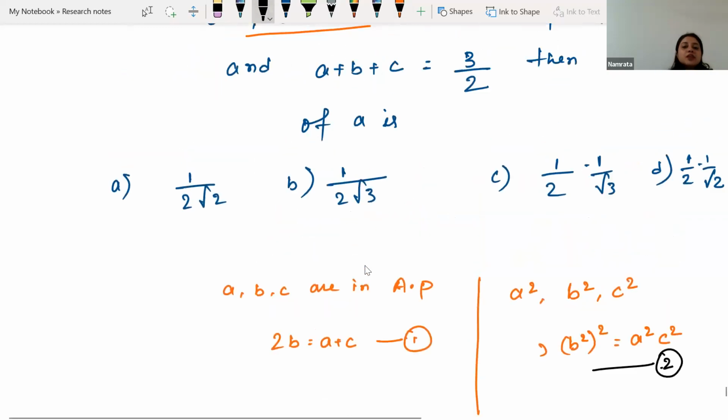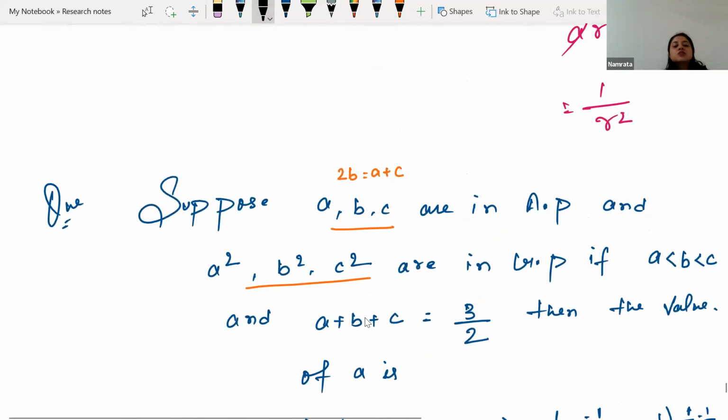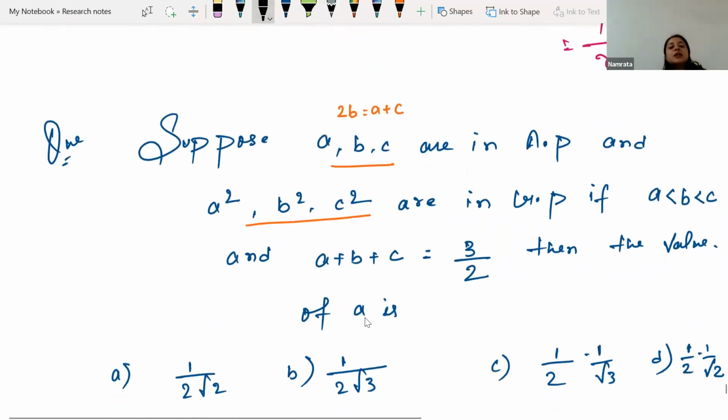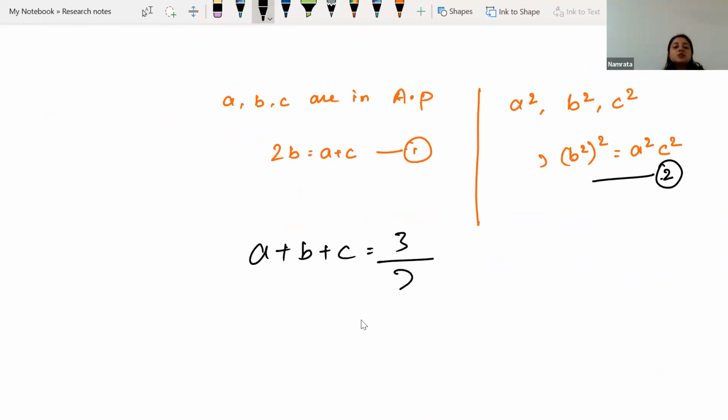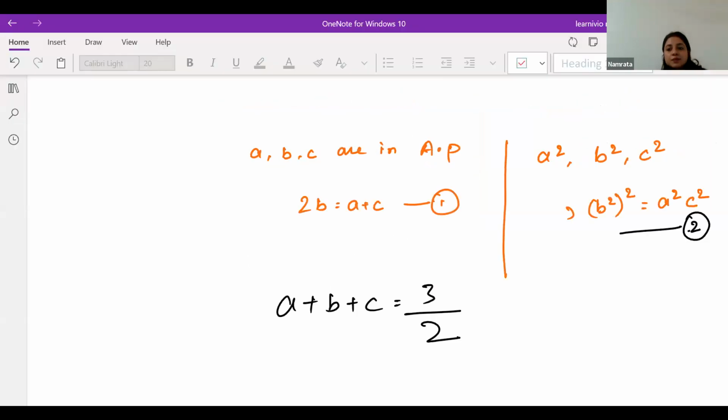Now, what we are having in hand, the information given in the question itself, that A plus B plus C is equal to 3 by 2. So, A plus B plus C is equal to 3 by 2. It is given in the question itself, right? Right, Lina?